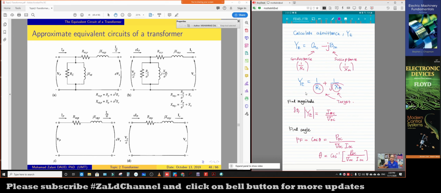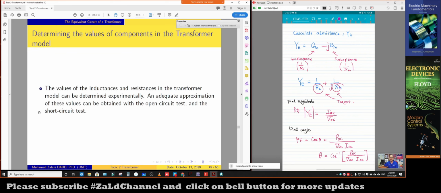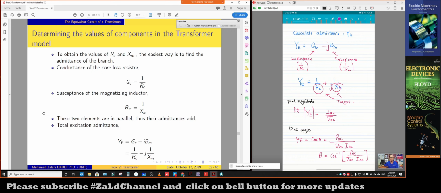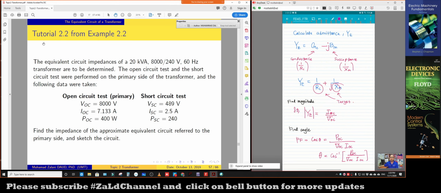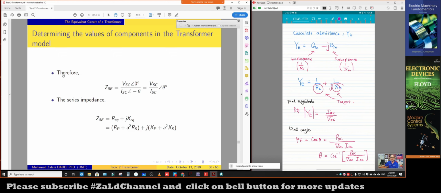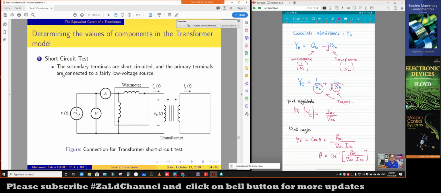So basically this is the theory. It is easier for you to understand if you follow the example in tutorial 2.2. I have uploaded a video discussing this tutorial, and I think it is much easier for you to understand.